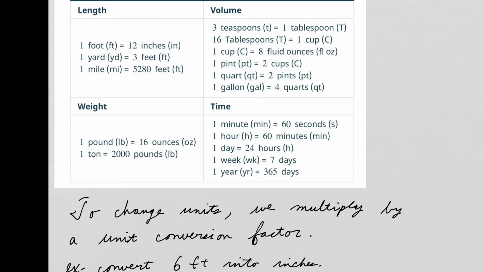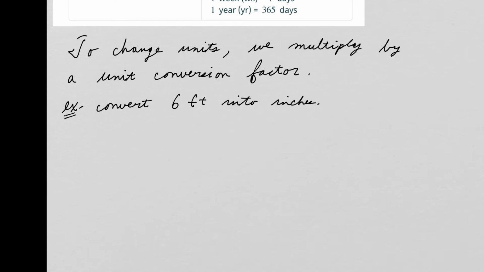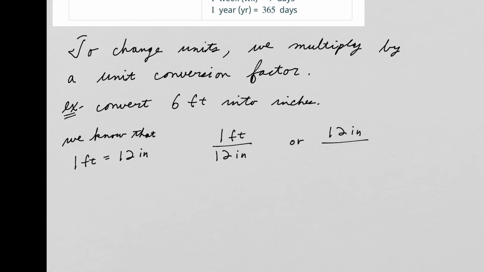So there's several ways I can write this, right? I know that 1 foot, I'm going to abbreviate it FT, is equal to 12 inches, which is abbreviated as IN. So I can write this as a ratio, right? I can write this as 1 foot over 12 inches, or I could write it as 12 inches over 1 foot.